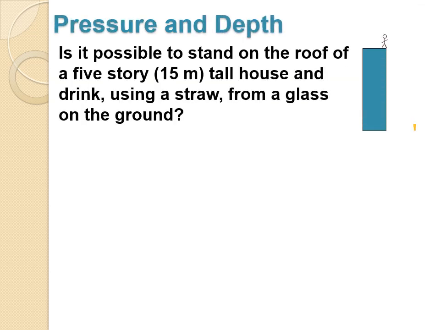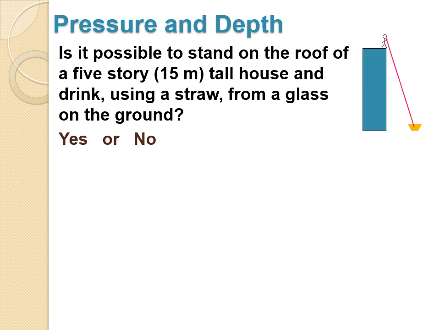Our question here is: is it possible to stand on the roof of a 5-story building, which is about 15 meters, and drink using a straw from a glass on the ground? There's a misconception with straws, which is that when you suck on a straw, you're pulling the liquid towards you. You're actually not pulling the liquid.